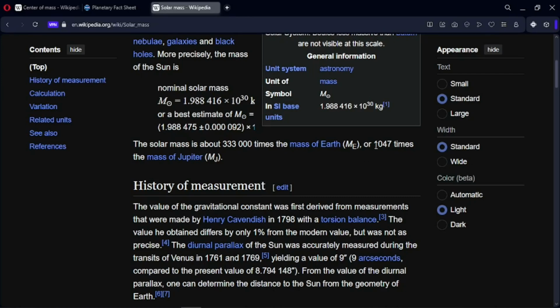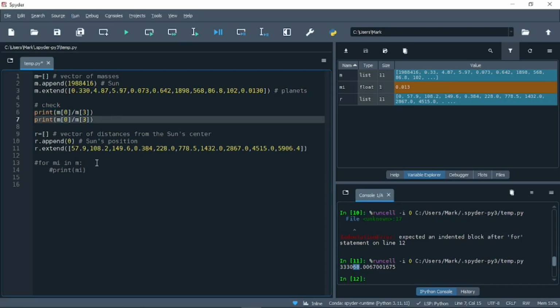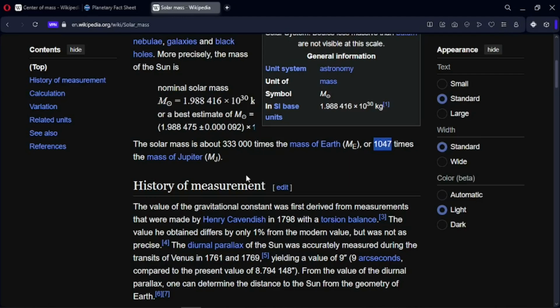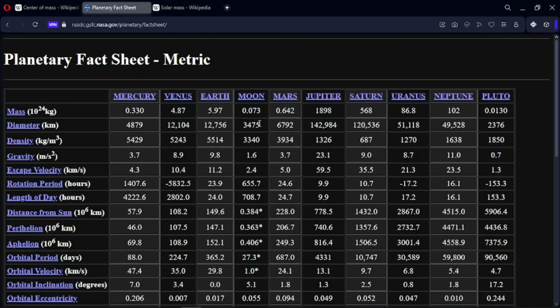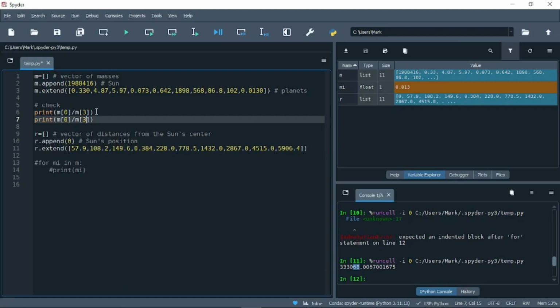Or 1047 times the mass of Jupiter. Let's check. It's almost free, we are only using some electricity and internet connection. Jupiter is the 1, 2, 3, 4, 5, the 6th planet, so index 6.